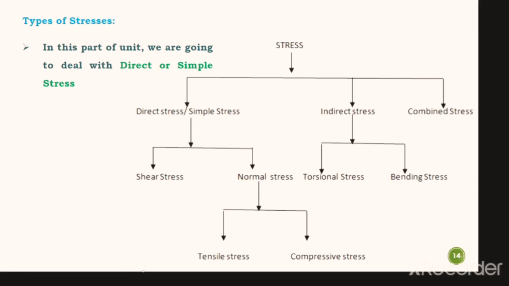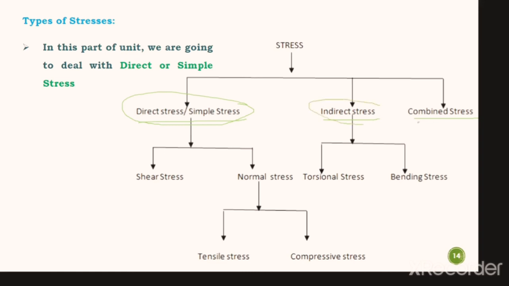So coming to the types of stresses, stresses are actually classified into three ways: direct or simple stress, indirect stress, combined stress. Okay, so the direct stress or simple stress is the matter of importance in this unit. Okay, that is what we are going to study further in this part of the unit.